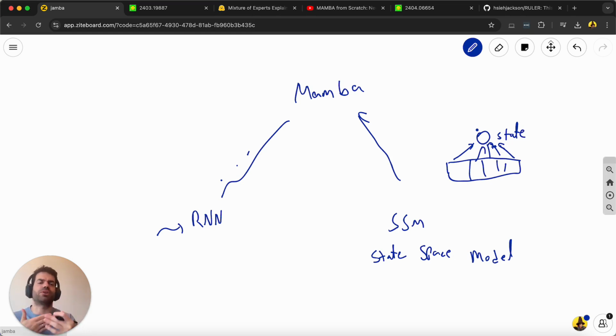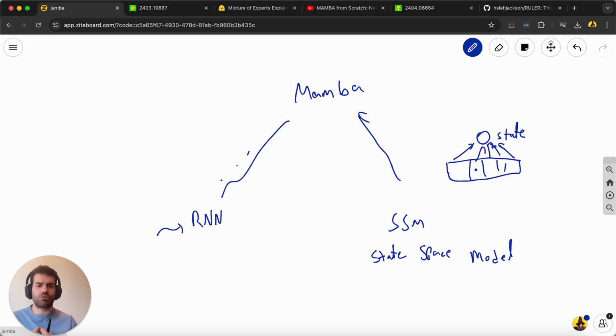Every time that I'm feeding a new input, it updates according to what happened before, and then based on that I will predict the next token. And this happens in every layer. Obviously this type of architecture really makes the model more efficient time-wise.